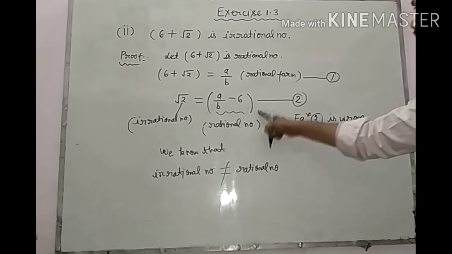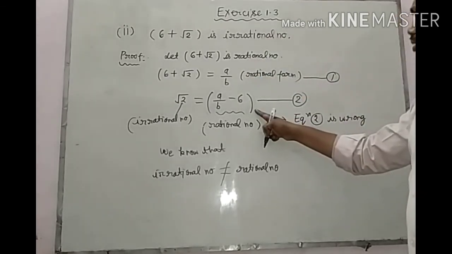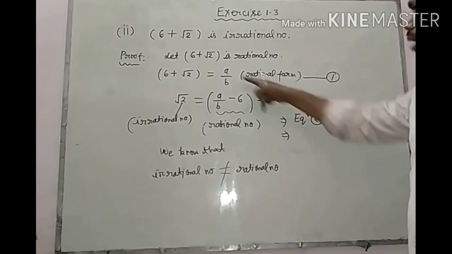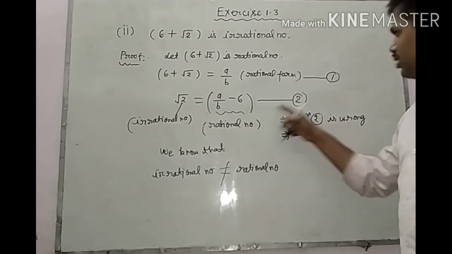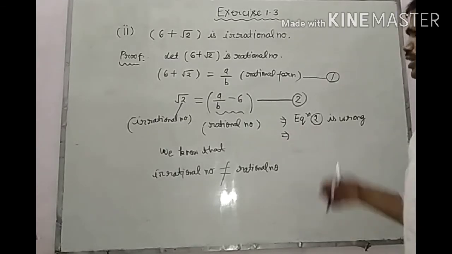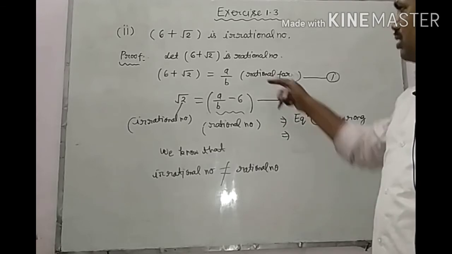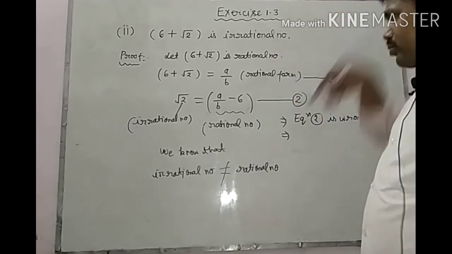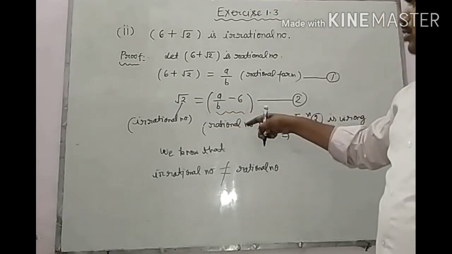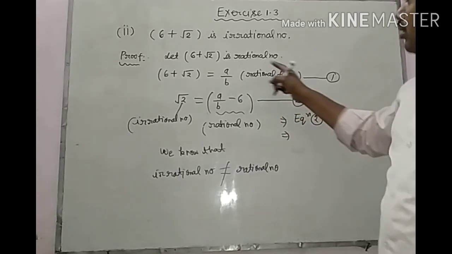Equation 2 is wrong, hence equation 1 will be wrong, since equation 2, that is root 2 equal to a by b minus 6, is generated from equation number 1.